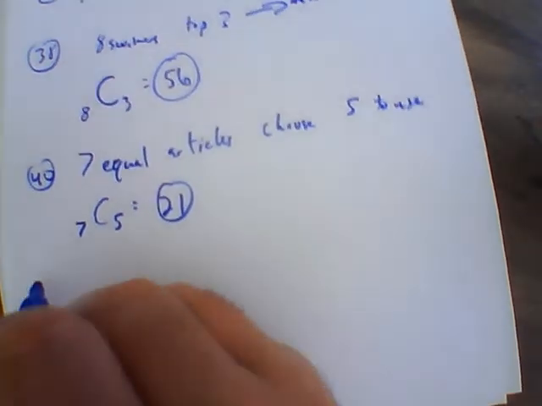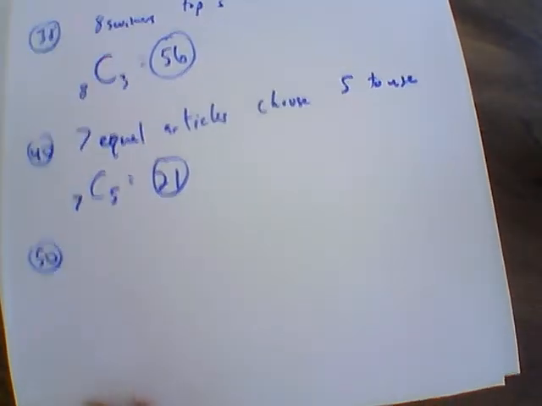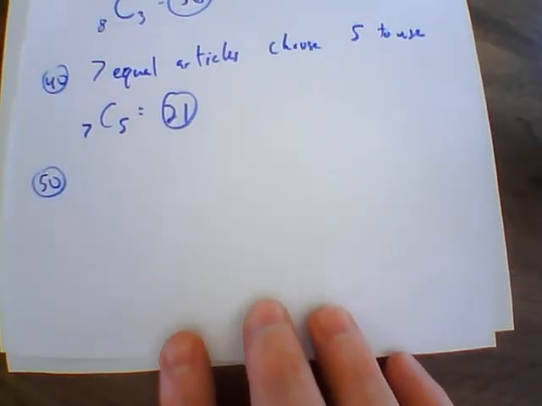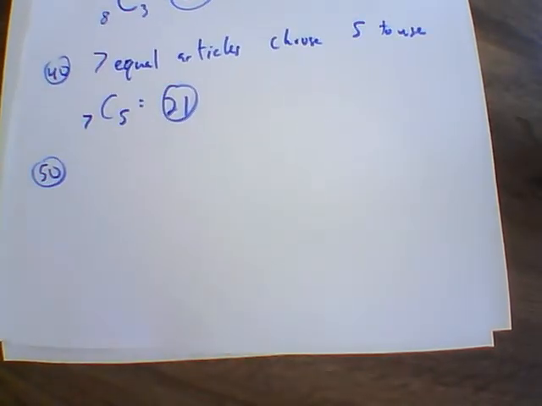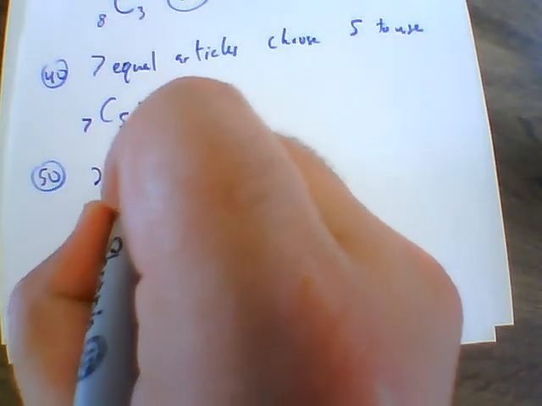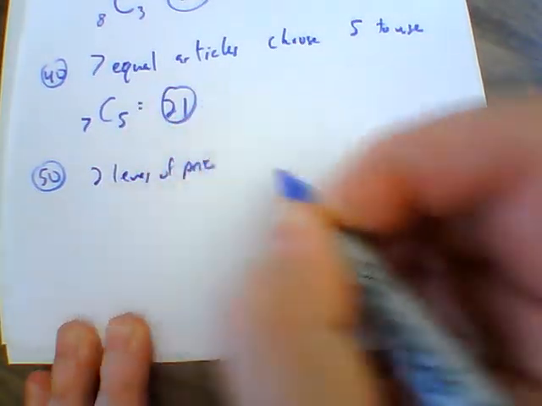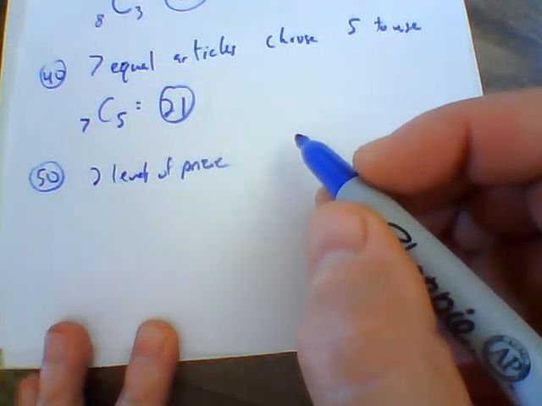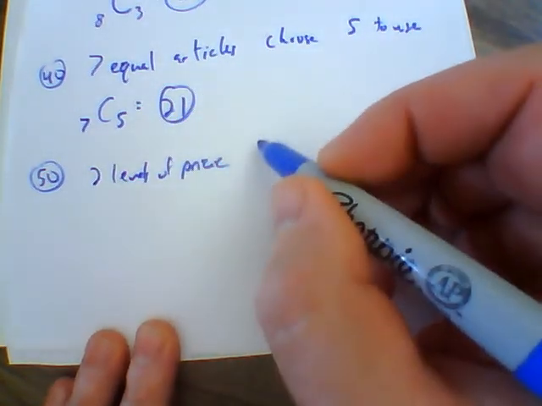Number 50 talks about a consumer magazine. A consumer magazine rates televisions by identifying 2 levels of price. Then we have 5 levels of repair frequency.